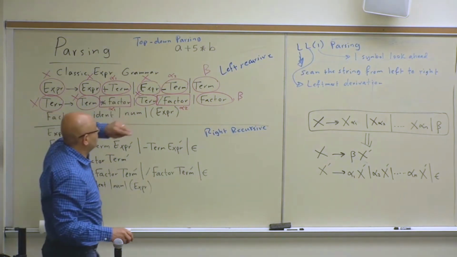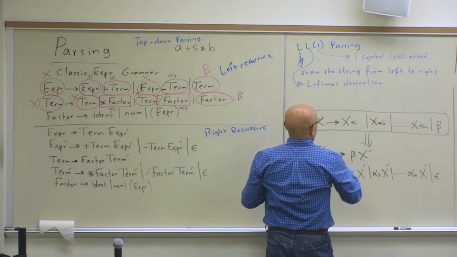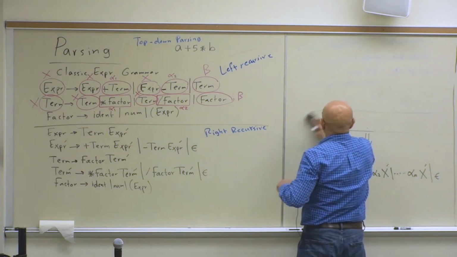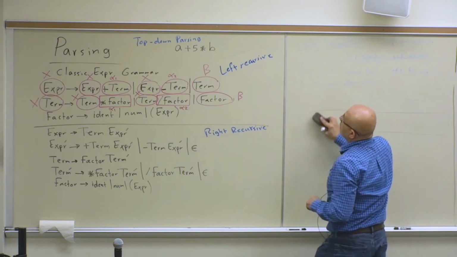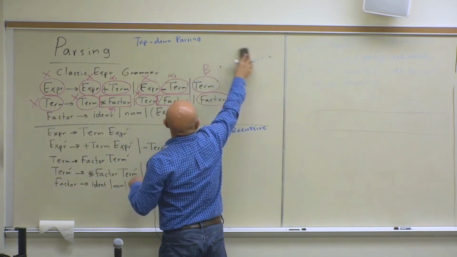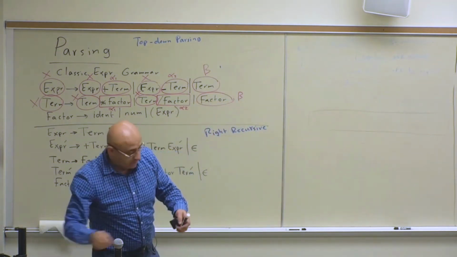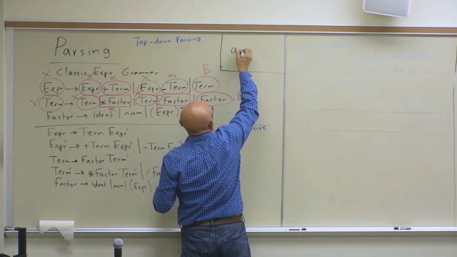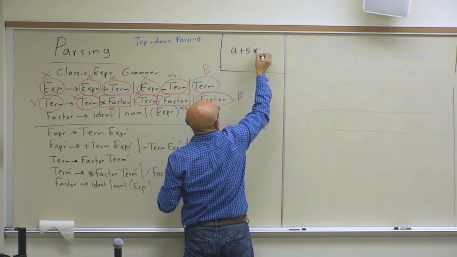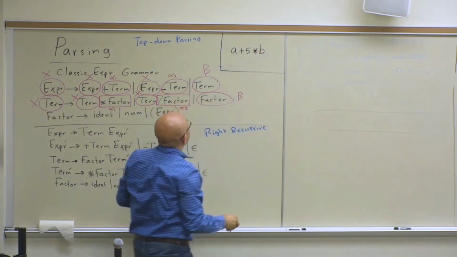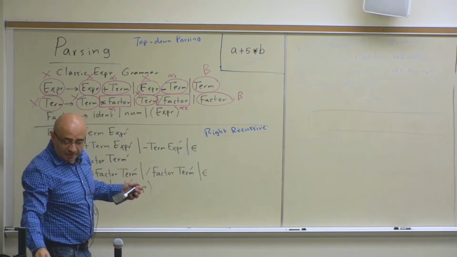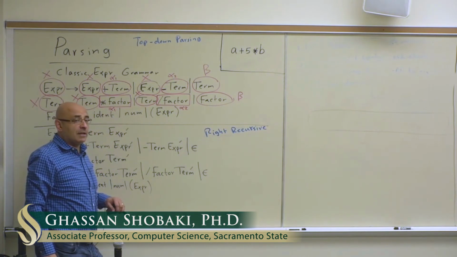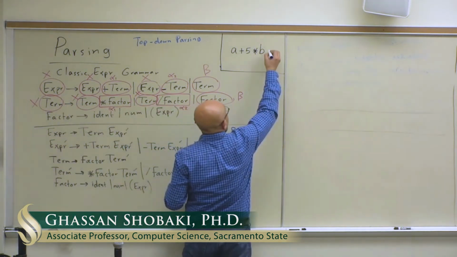So let's try it on this. Let's put it here: A plus 5 times B. And after this, I need some kind of symbol to indicate the end of the string. So we will use end of file.